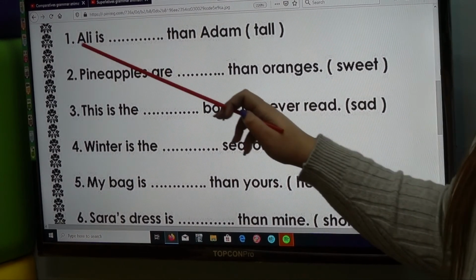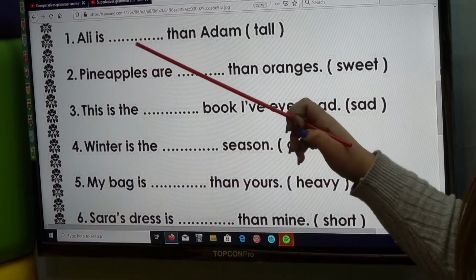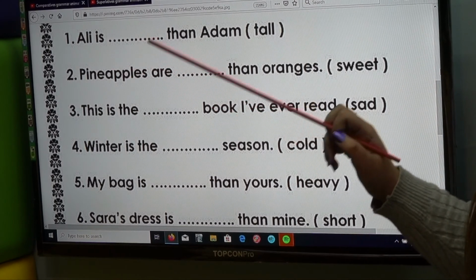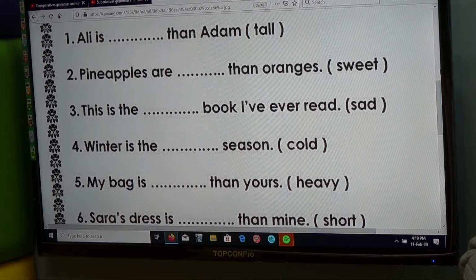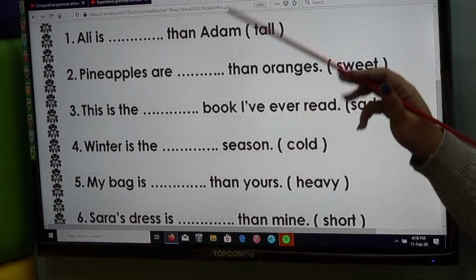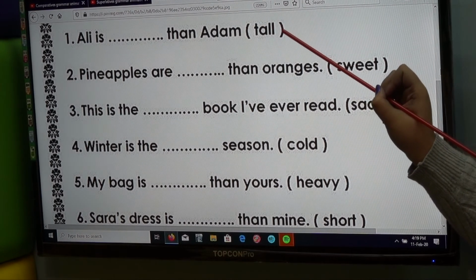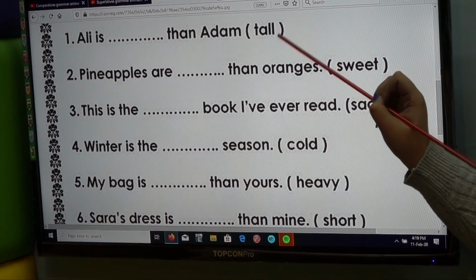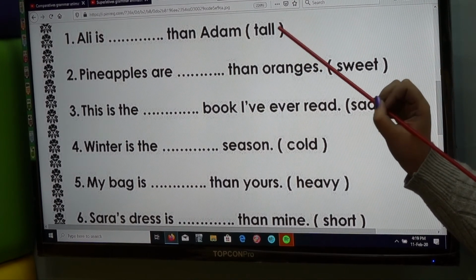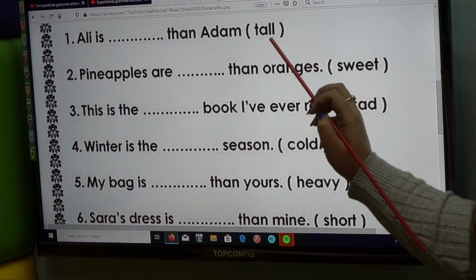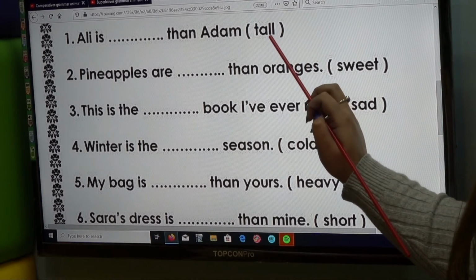Number 1, Ali is what than Adam? Here, do we use comparative or superlative? We use comparative, yes. So what do we add? We add IER, ER, or just R. Tall ends with the consonant LL, right?